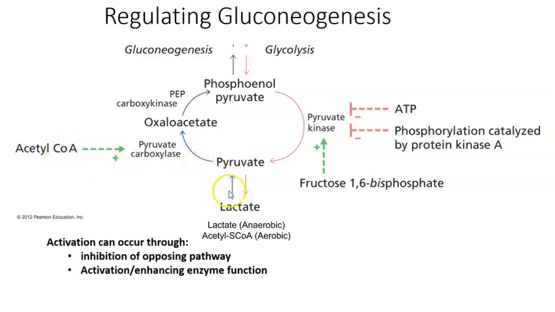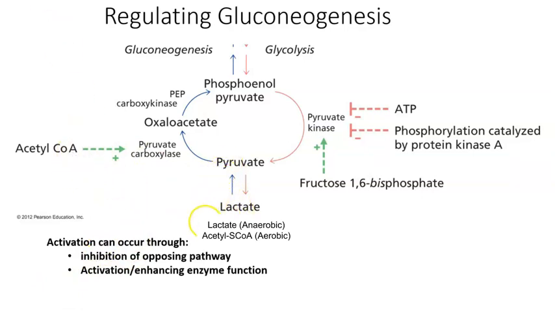Acetyl-CoA, remember, is a downstream product of pyruvate, which gets transferred to acetyl-CoA in the mitochondria. And that means when we have a lot of acetyl-CoA, we have a lot of product down here, and it also means that we have a lot of energy.